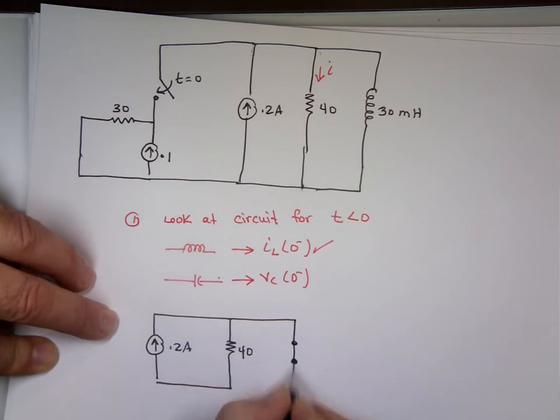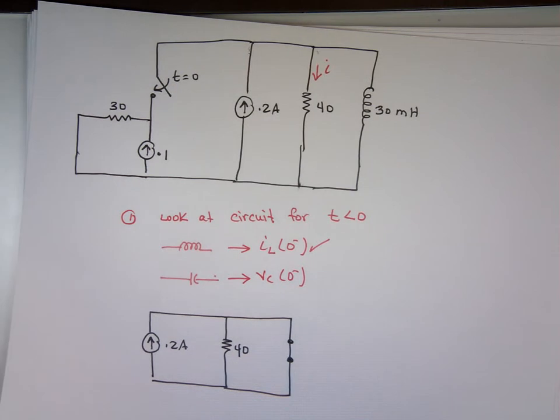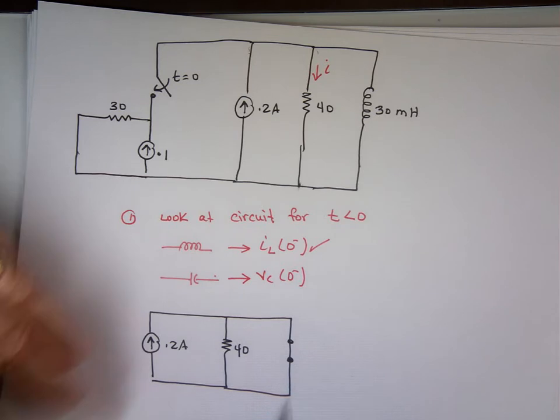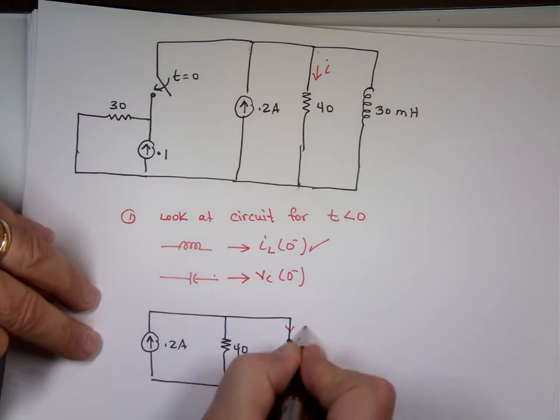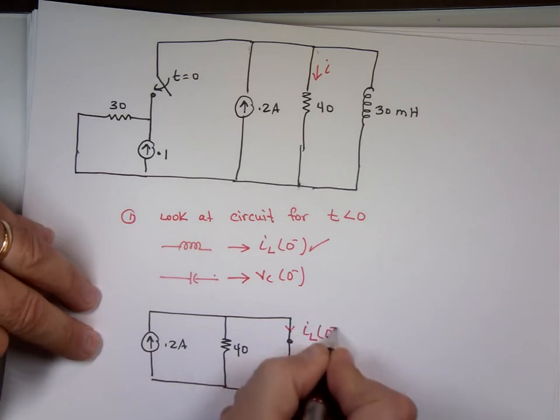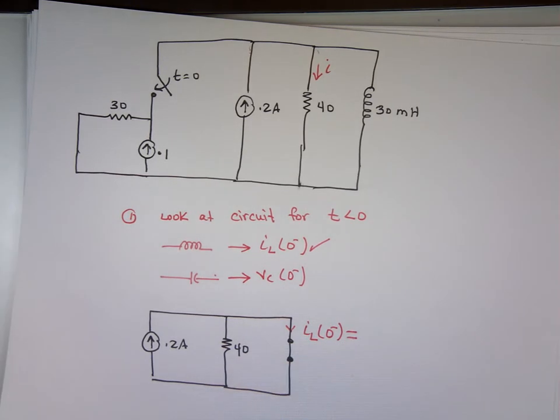Short circuit. What is the current through the inductor in this direction? This is I sub L at 0 minus, which is what? 0.2. Yep, 0.2 amps.